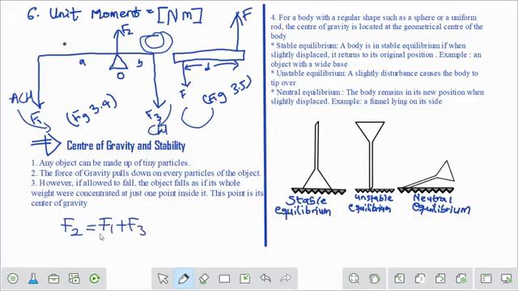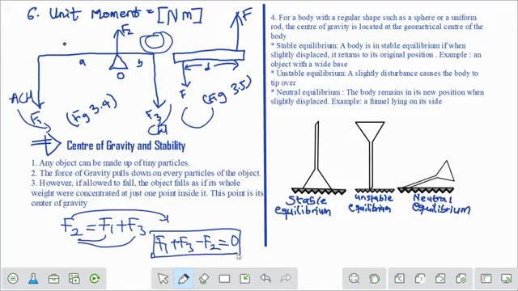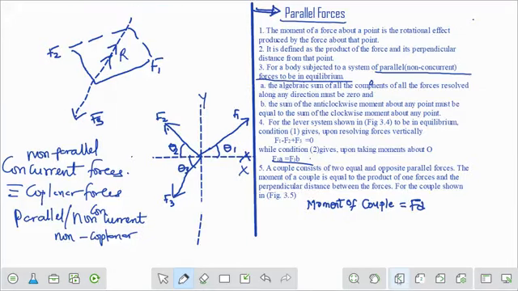Now you bring all these to this side, or you bring this to this side, anyone. So you can just say F1 plus F3 minus F2 equals 0. So that's the formula. This is how we get this.